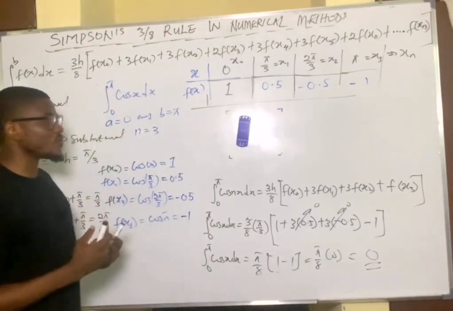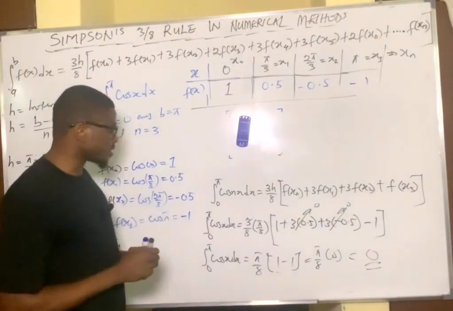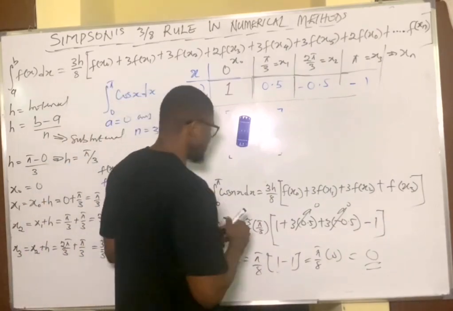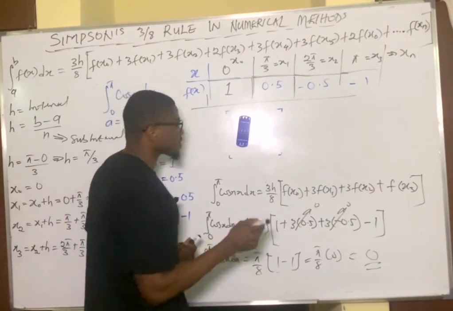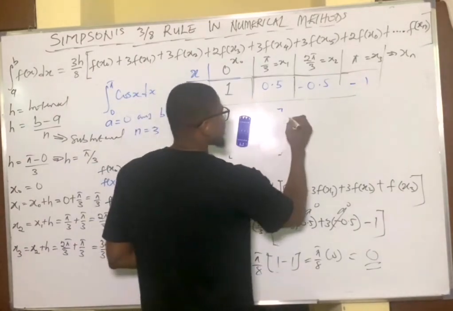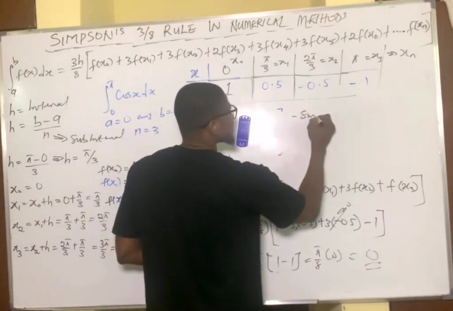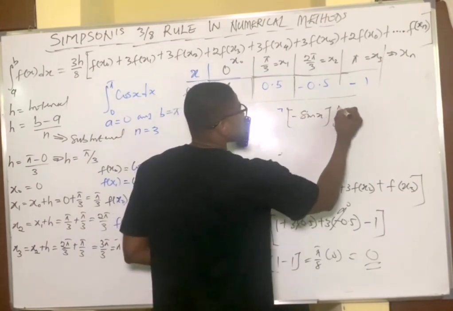And if you want to verify this, of course, you can still do this by normal integration. So let's prove this by normal integration. So if you're integrating from 0 to pi of cos x dx, you're simply going to have, if you integrate cos, you have negative sine, okay, negative sine x. The limit is now from 0 to pi, right?